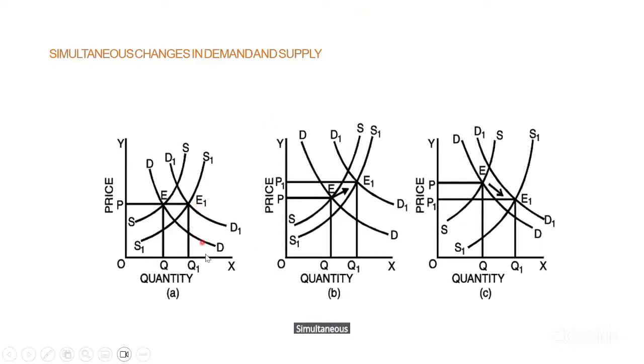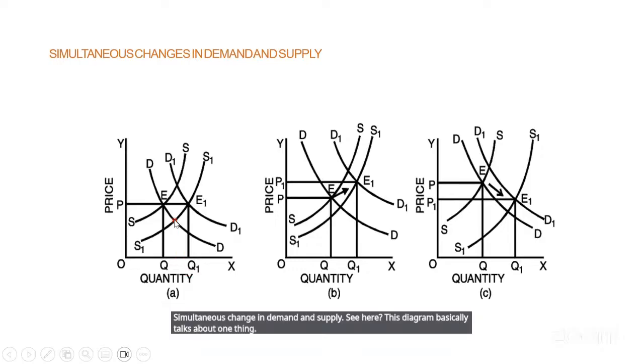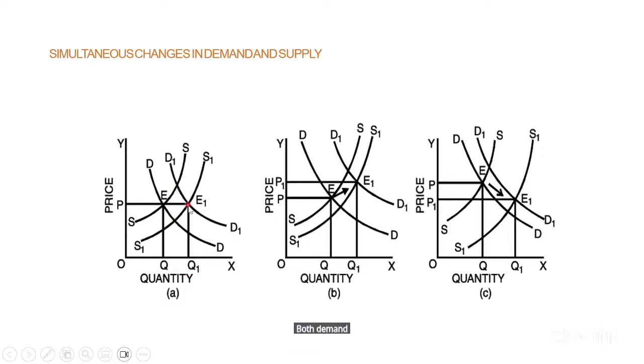Simultaneous change in demand and supply. See here, this diagram talks about one thing: both demand and supply increase. But I told you in simple form, price may increase, price may decrease, or price may remain unchanged, but quantity will definitely increase. They have shown this with 3 diagrams.